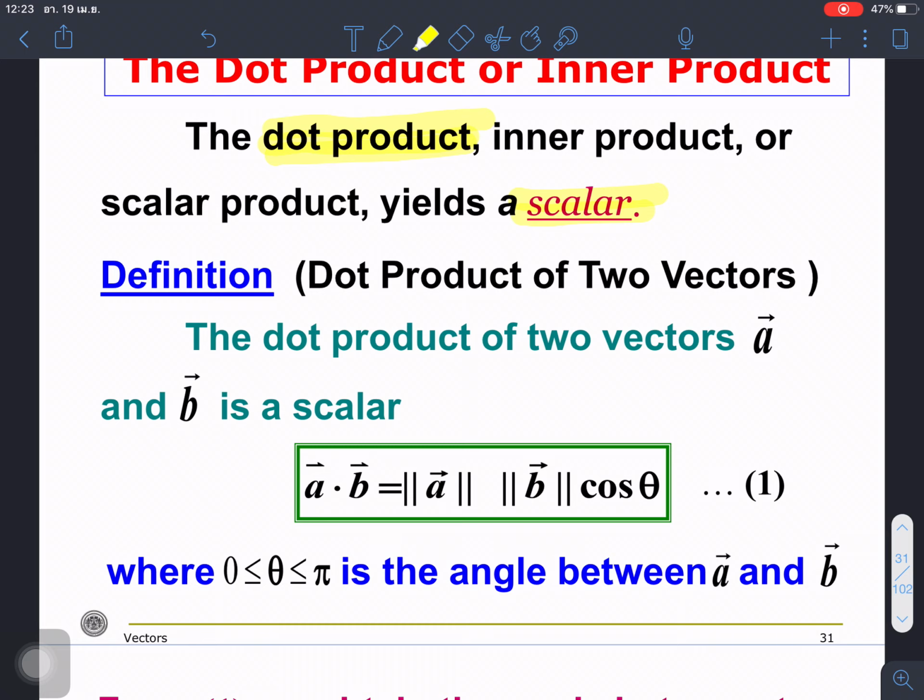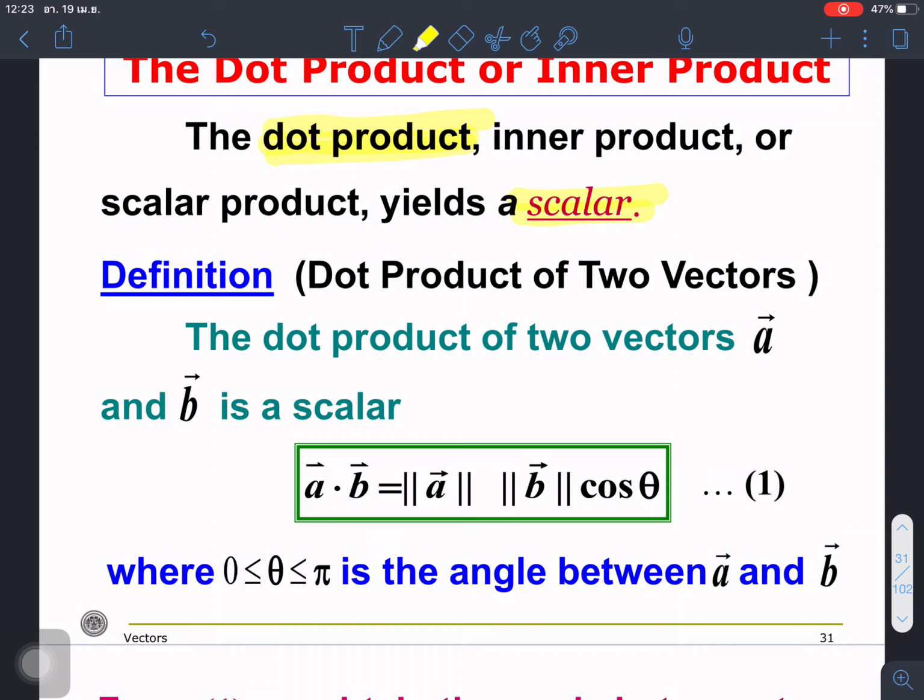Here we have the dot product, just like a multiplication between two vectors, but when you multiply them, you will get a scalar, not a vector back.